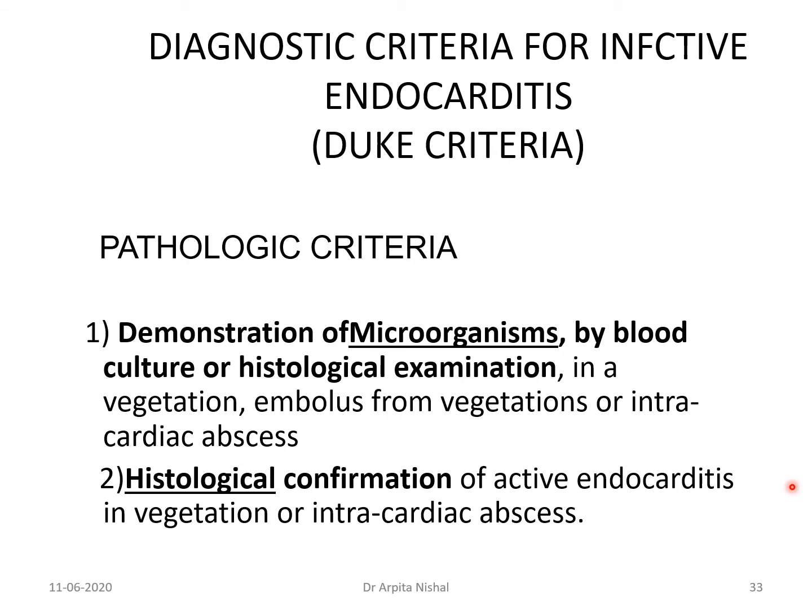So demonstration of microorganisms either by culture or by histopathologic examination. And second pathologic criteria is histological confirmation of active endocarditis in vegetation or intracardiac abscess. So either blood culture or histoconfirmation.